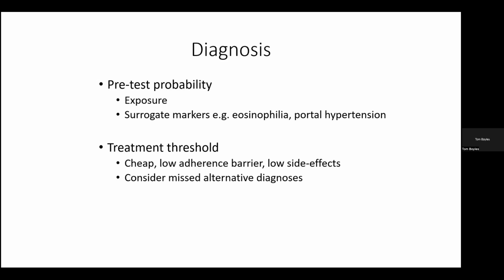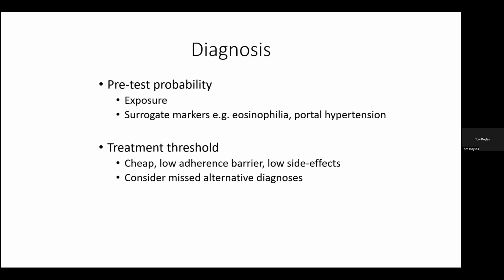In fact, the side effects are thought to largely be driven by the death of adult worms, a kind of Jarisch-Herxheimer type of reaction. So typically people who don't have the condition don't tend to get side effects, and only people you are treating who actually have the condition tend to get them, which can include fever, nausea and GI upset.